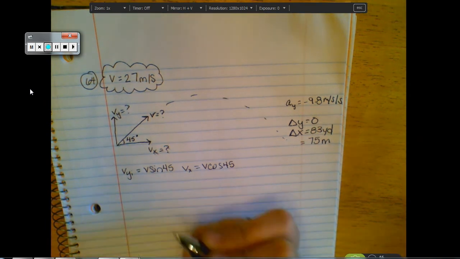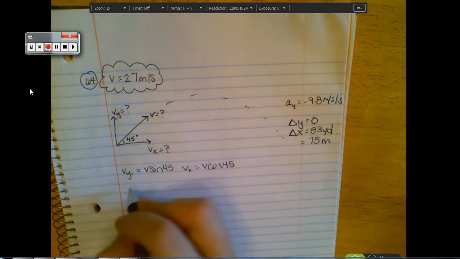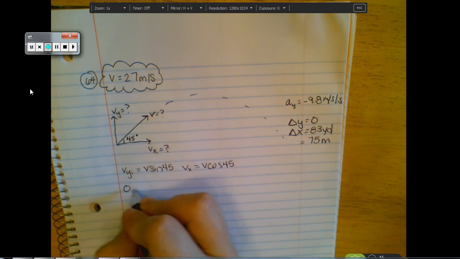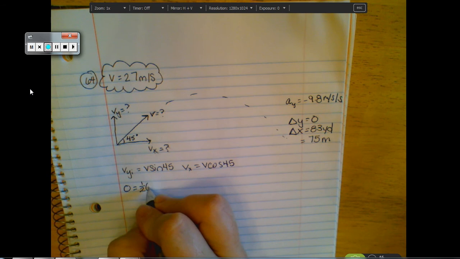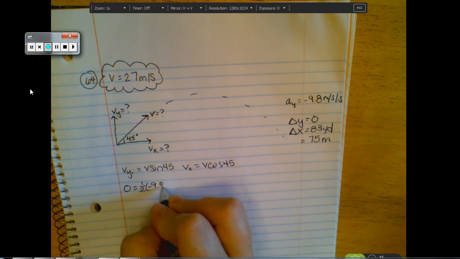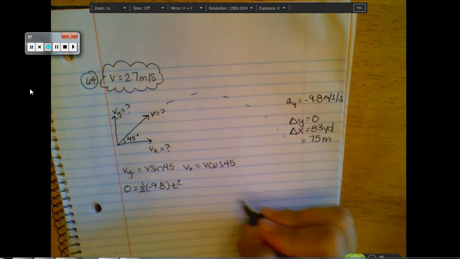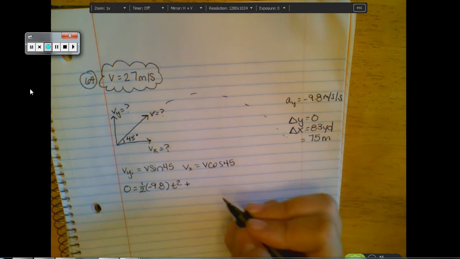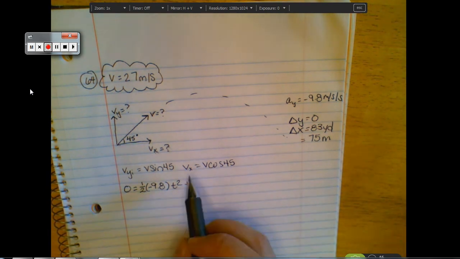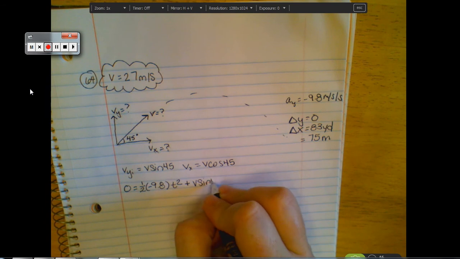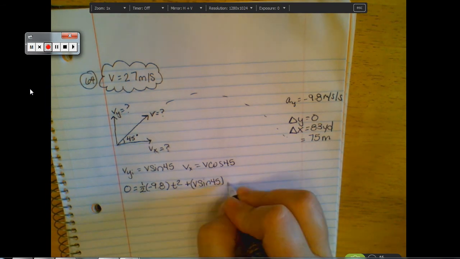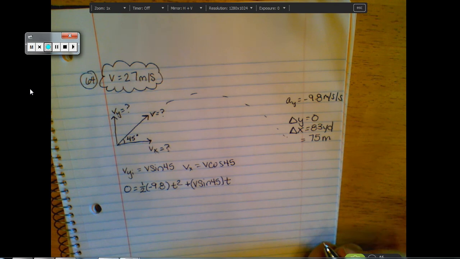I'm going to start by setting up my equations. So I'm going to do delta y, which is 0, equals 1/2 a, negative 9.8, t squared plus Viy. So I'm going to go ahead and say V sine of 45 as my Viy, times t.